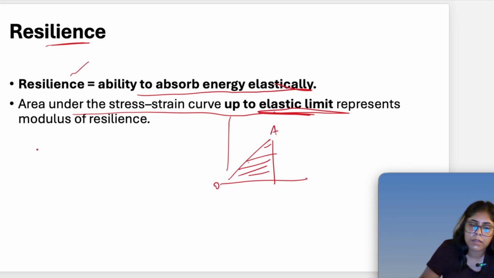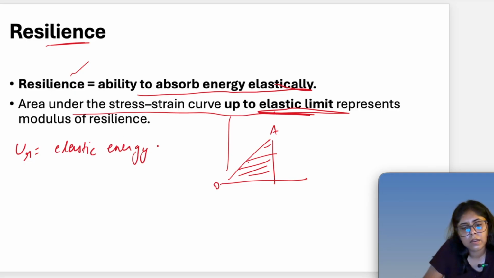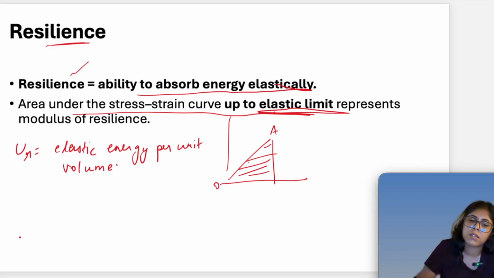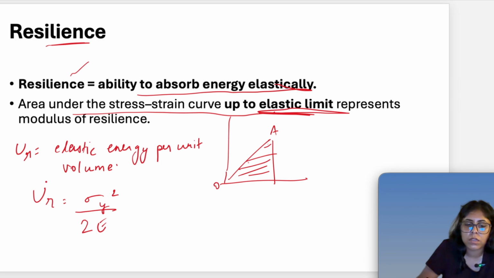Let's say UR is the elastic energy per unit volume. So this much is the elastic energy per unit volume. For a linearly elastic material, UR will be sigma y square upon 2E. So this is your resilience.